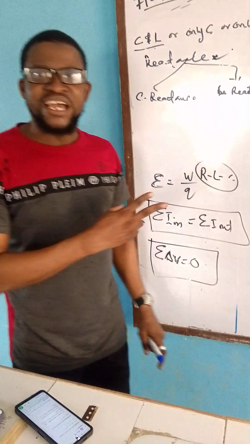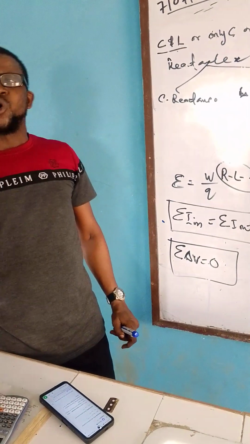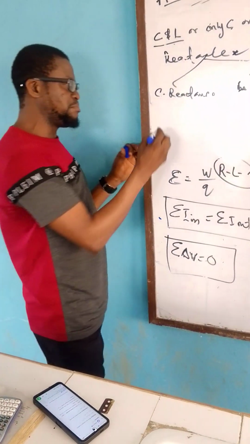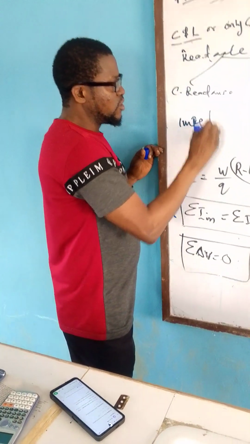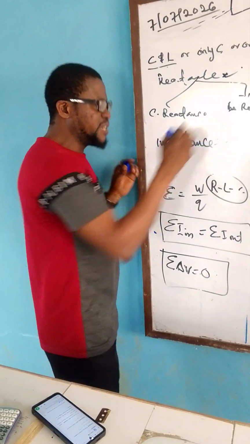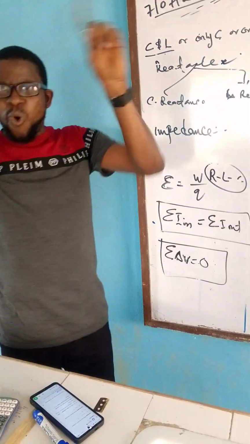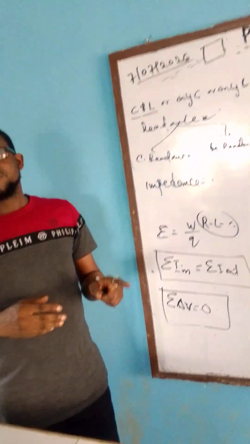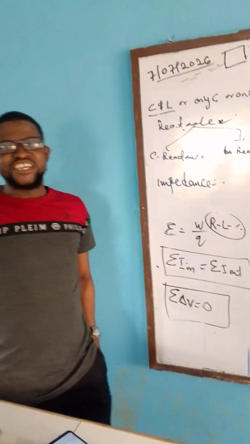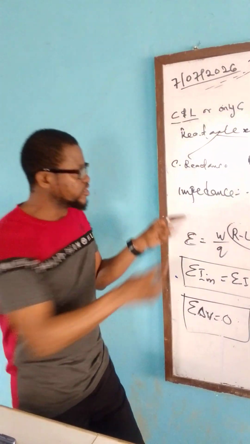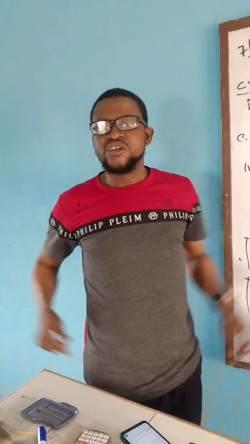So when the three of them are doing the work of regulation, it is called impedance. That is impedance. What is impedance? Impedance is the overall regulation offered to an AC circuit. Overall, because the three of them are doing it, that's why I say overall.